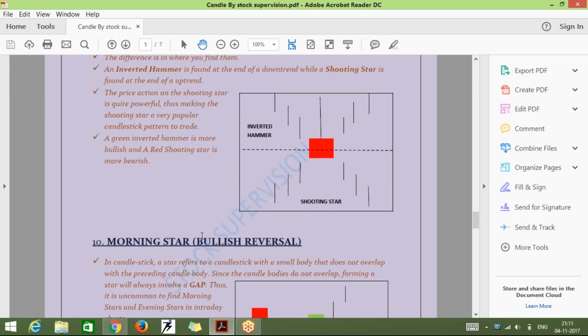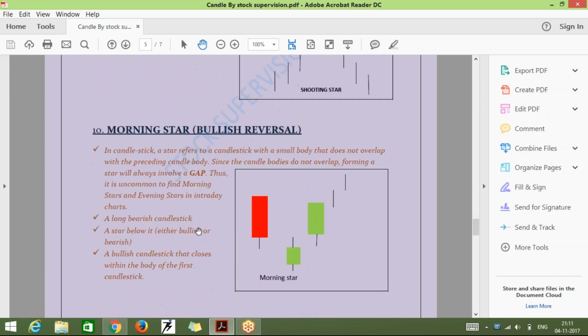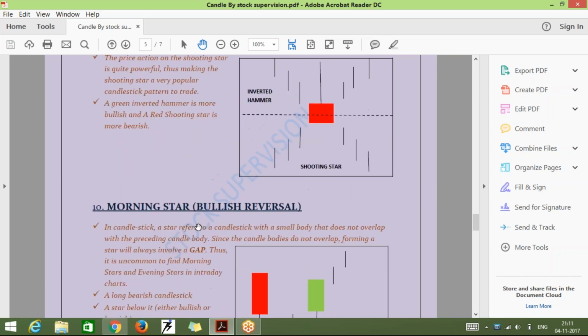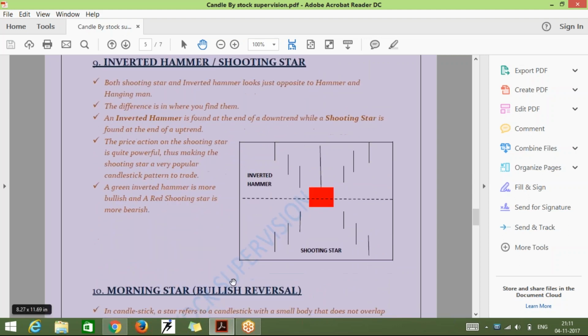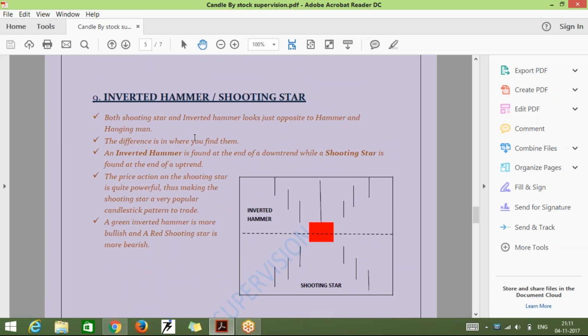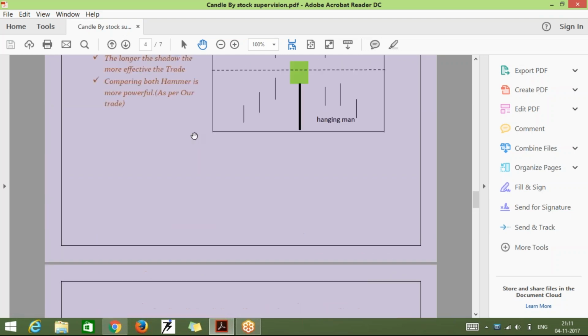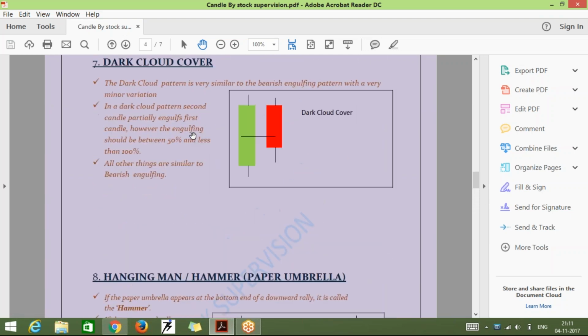Then coming to morning star, please do not confuse morning star with shooting star. Up to this level, you can compare inverted hammer, hammer, shooting star, hanging man, engulfing pattern and harami pattern.